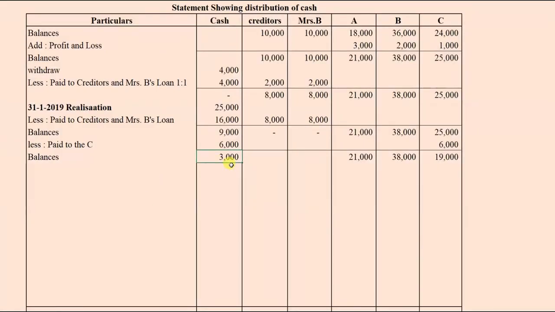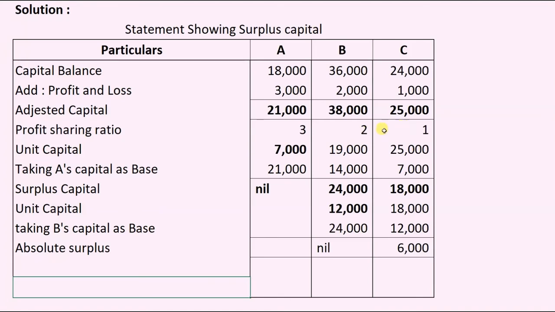But we have only rupees 3,000. So we will pay this amount to B and C as per their profit sharing ratio. Here the profit sharing ratio is 2 as 1, B is 2 and C is 1.